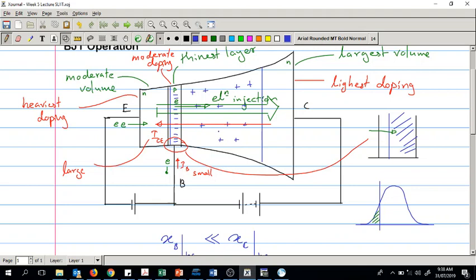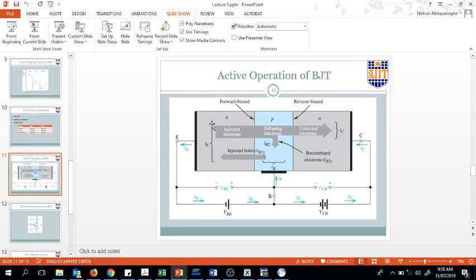It is smaller compared to the volume of the collector. The collector has a larger volume, and all of this is illustrated in this diagram. What next?